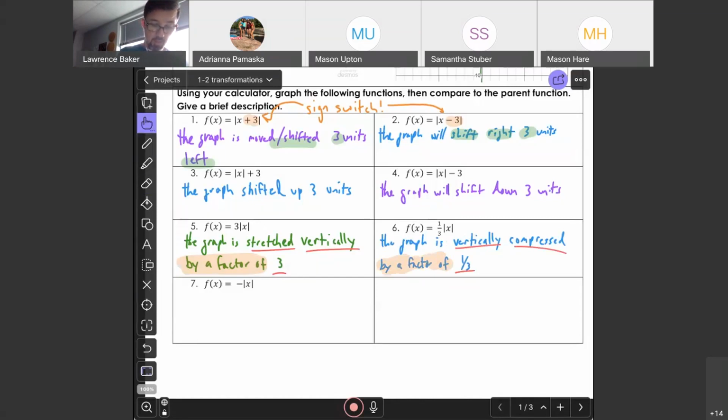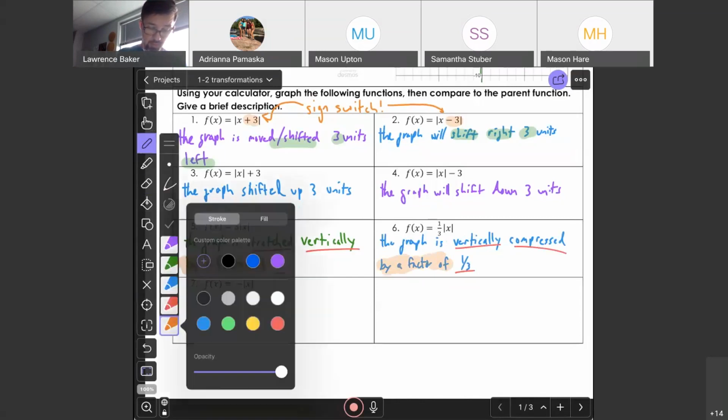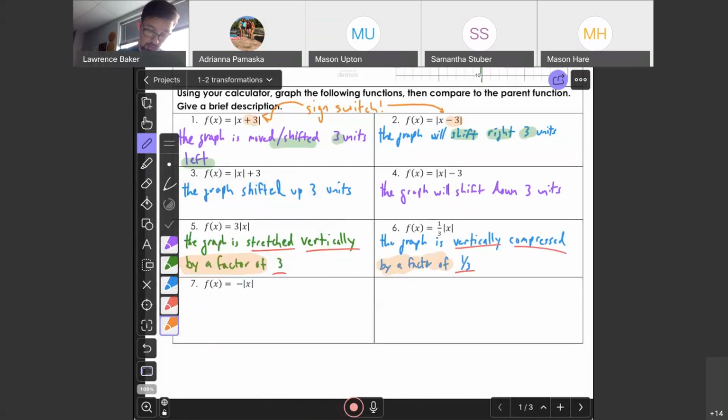I want you guys to note what we were just talking about, that this appears narrower or appears thinner. And this one appeared wider. Okay, that's going to go against what you might think, right? You might think a compression should make things thinner.